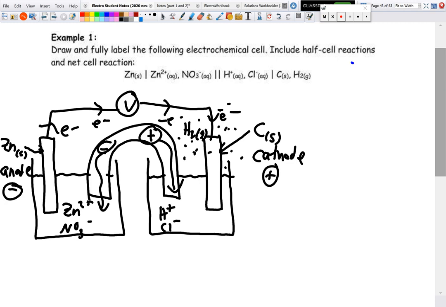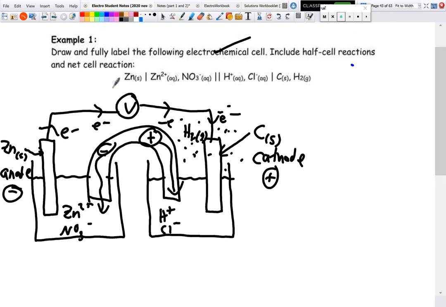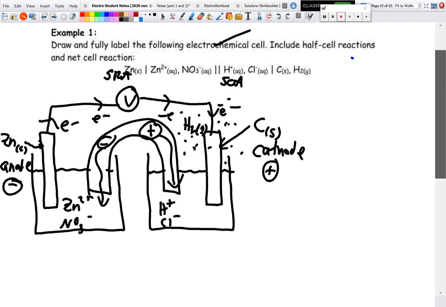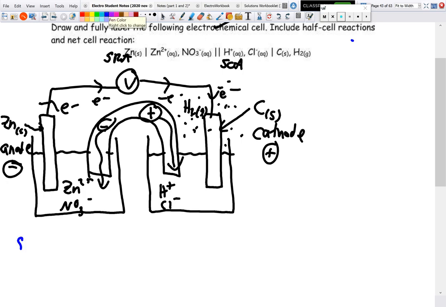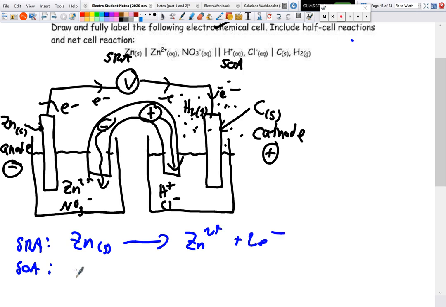Now from here, that is our electrochemical cell, done. Include the half reactions and net cell reaction. Because I've already figured out this was my strongest reducing agent and this was my strongest oxidizing agent, I can do my reactions. Zinc solid turns into Zn2+ plus 2 electrons, and my strongest oxidizing agent, 2H+ plus 2 electrons, produces H2 gas.